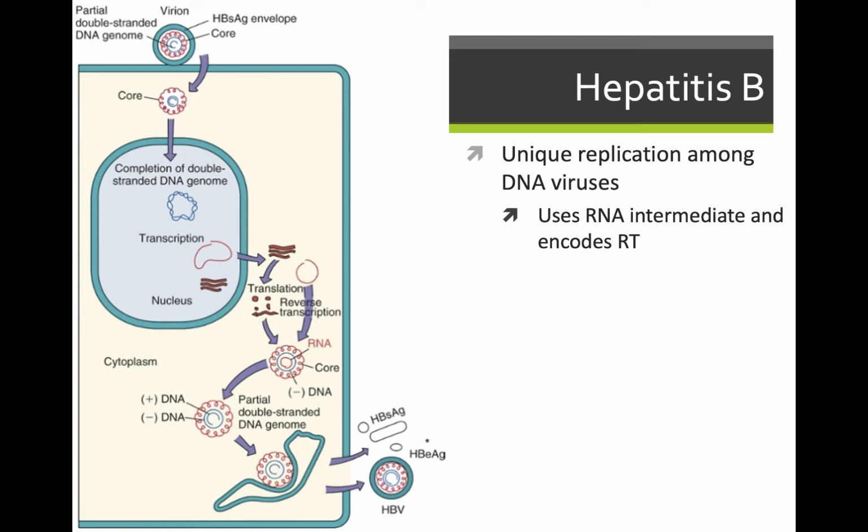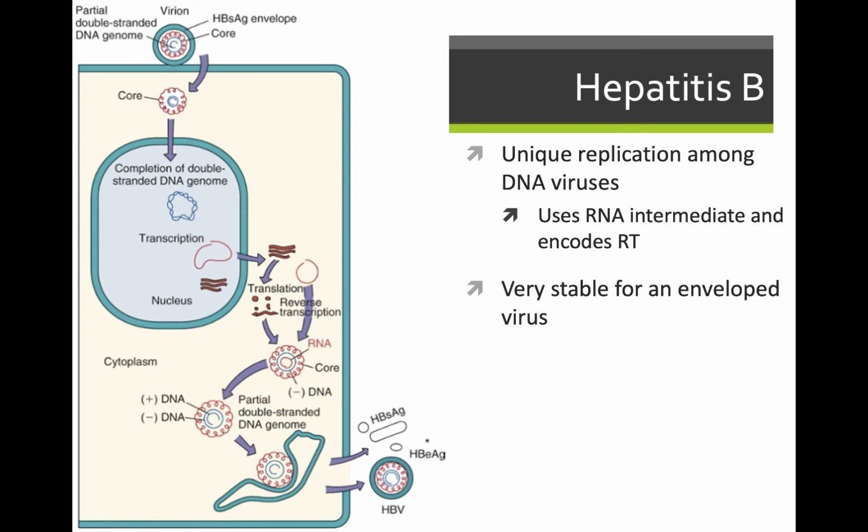So it's a DNA-based genome, gets into the nucleus, does transcription. That mRNA leaves the nucleus. Some of it is used for translation of hepatitis B proteins. Some of the mRNA is used to serve as a template for the synthesis of the genomic DNA. So they use reverse transcriptase to reverse transcribe that RNA into a DNA molecule.